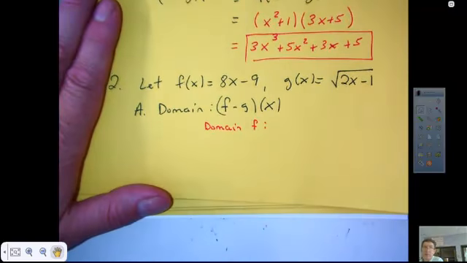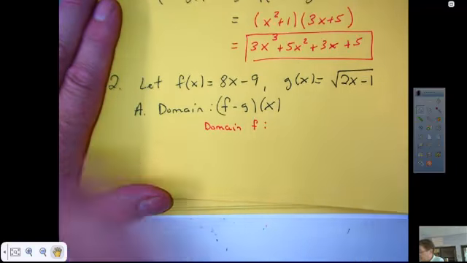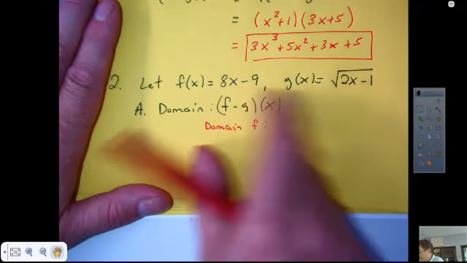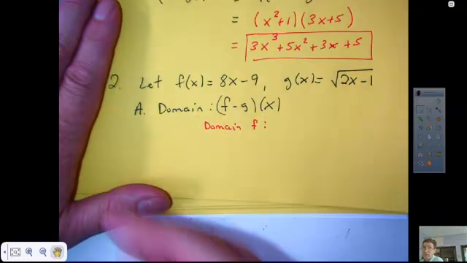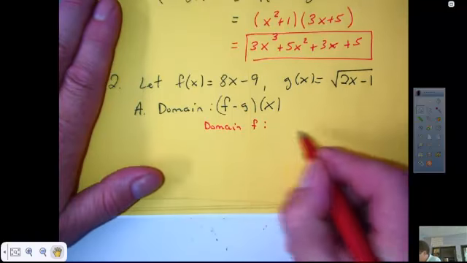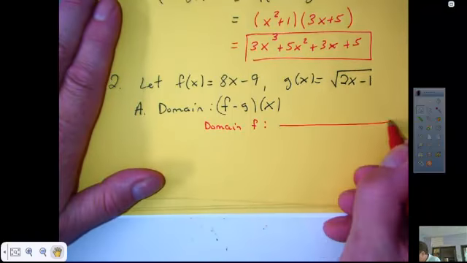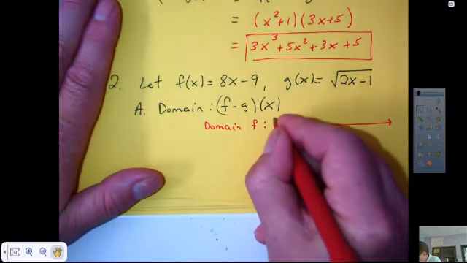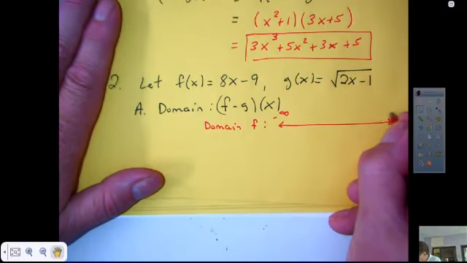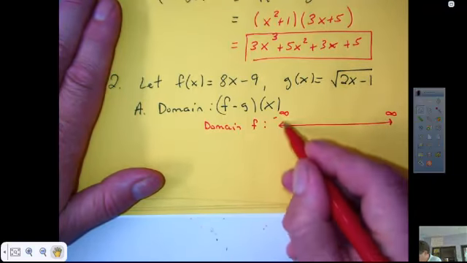Yeah, f is 8x minus 9. It's everything, right? There's no restrictions, no division, no radicals. So I'm going to graph it from negative infinity to infinity. It's all these values.